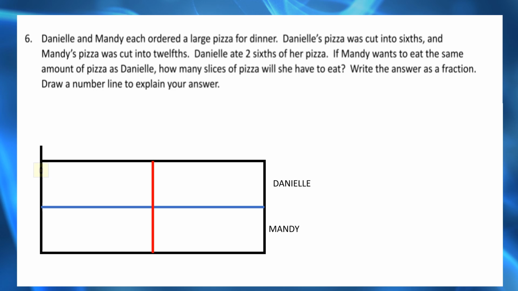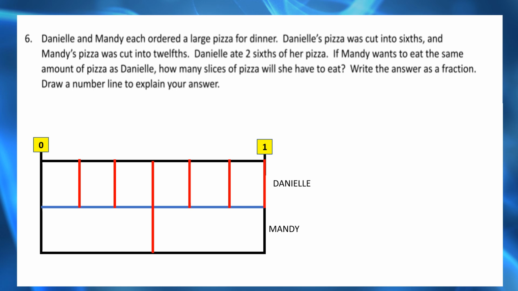So, making a number line, right? 1, 2, 3, 4, 5, 6. Now notice I put my endpoints of 0 and 1 there because it's supposed to be a number line.